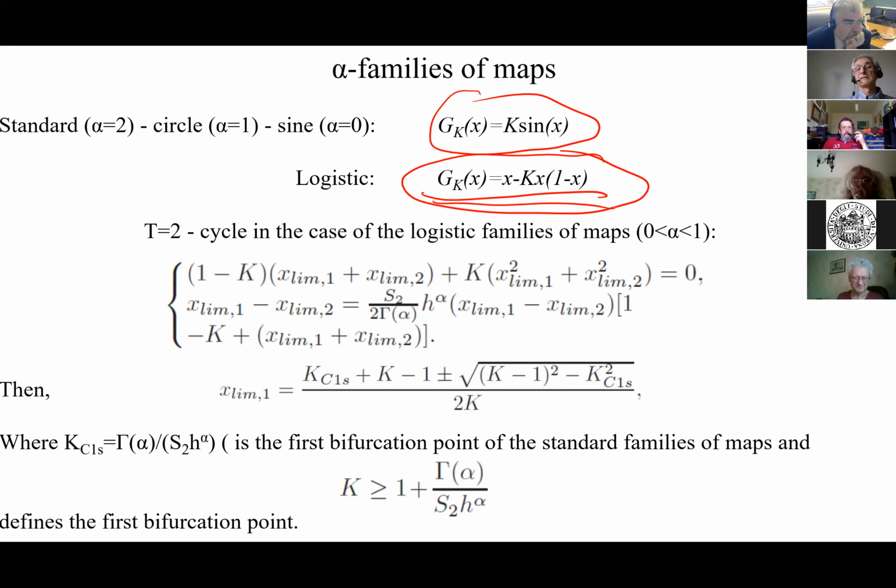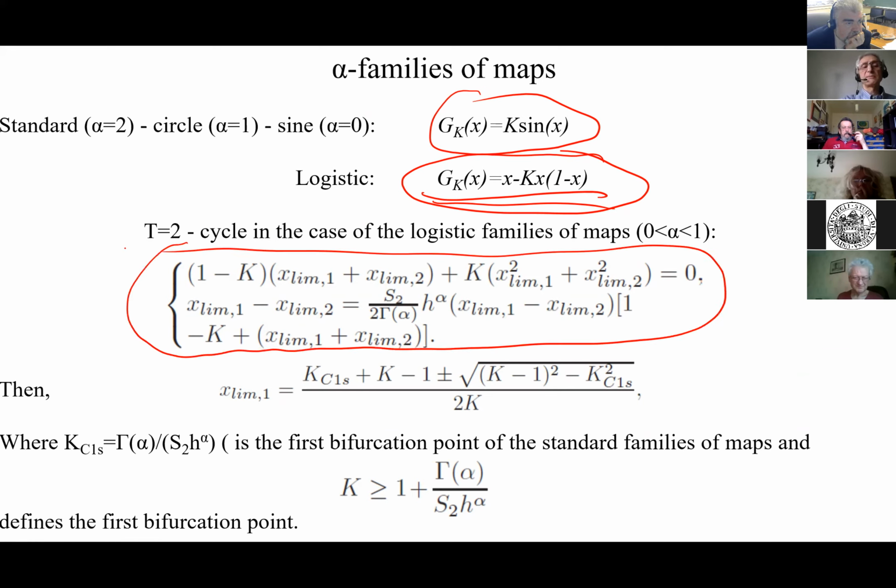And those two equations which define periodic points, period 2, let's say, can be written in the following form. And in this case, it can be solved and the limiting value can be found.